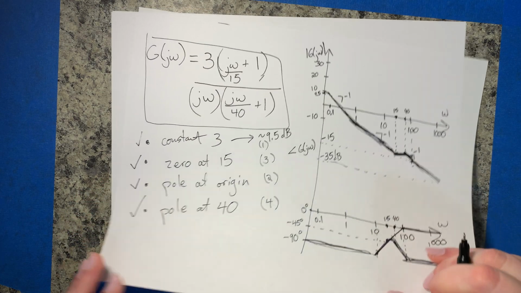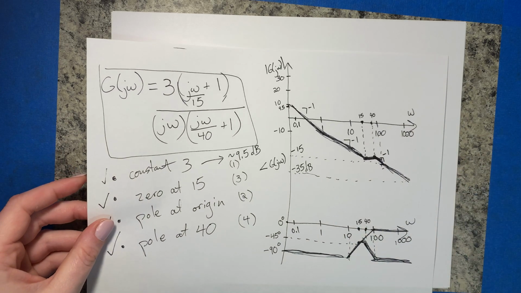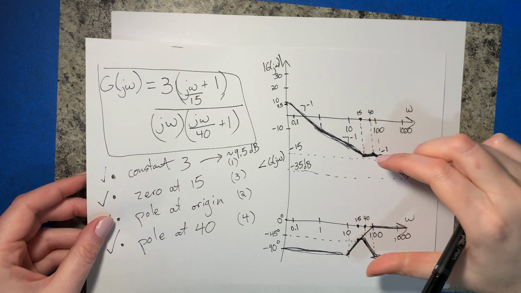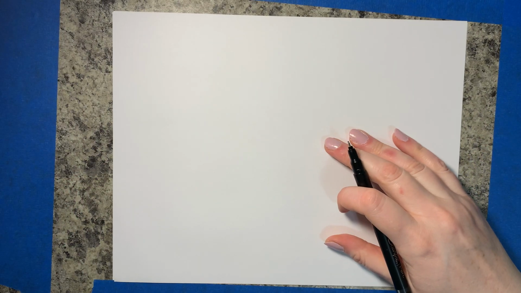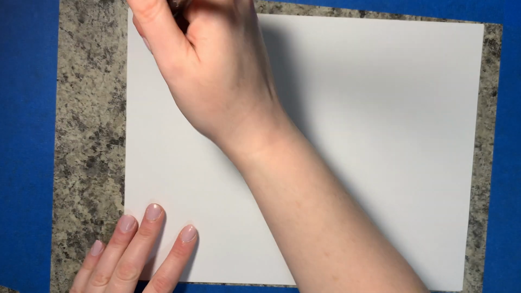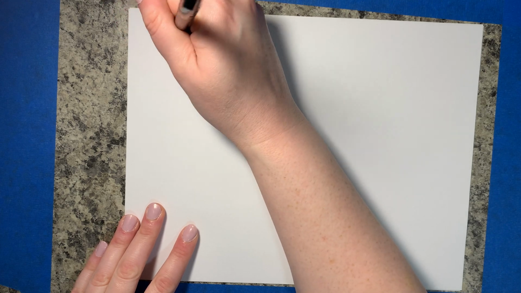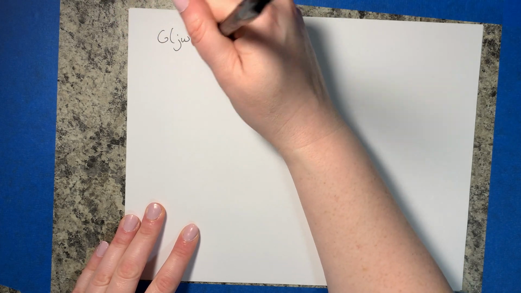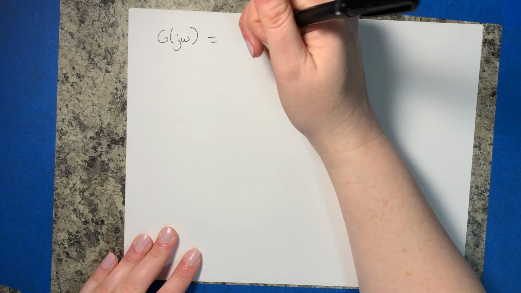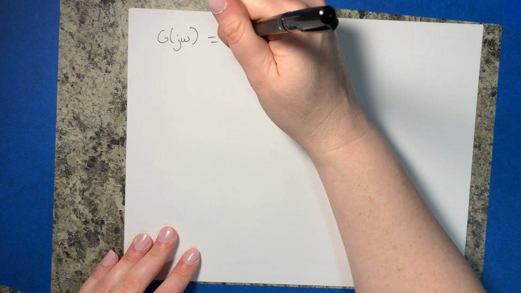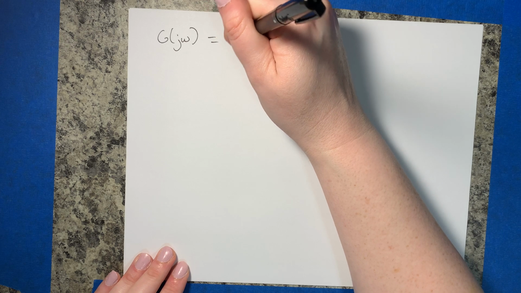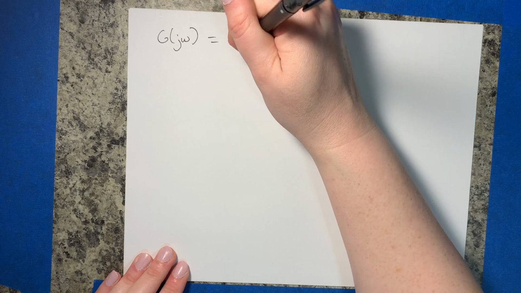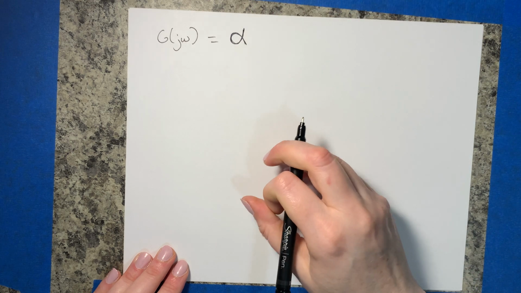Let's do an example that's a little bit simpler, where we don't have so much happening in the same decade. Now this happens sometimes, but just for the sake of illustration, let's do an example of g of j omega, and let's say that I have some kind of a constant. I'm going to say that this is alpha, so that I don't have to calculate this right now.